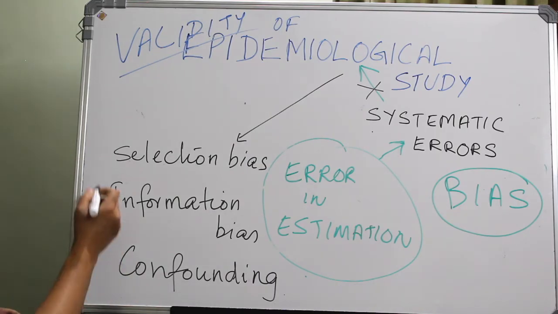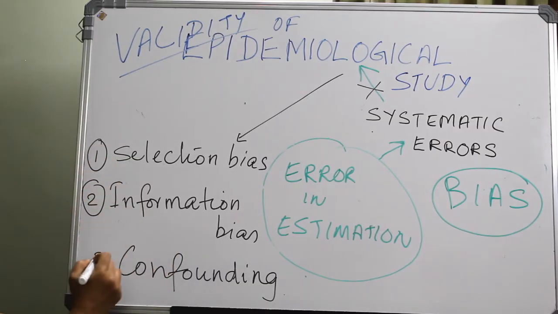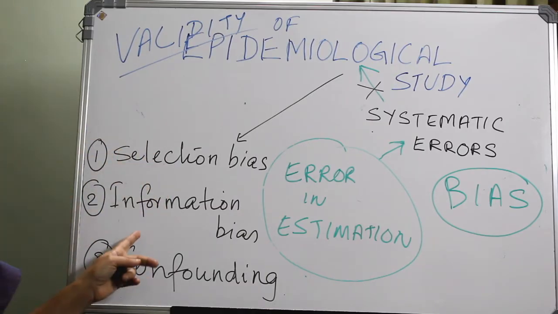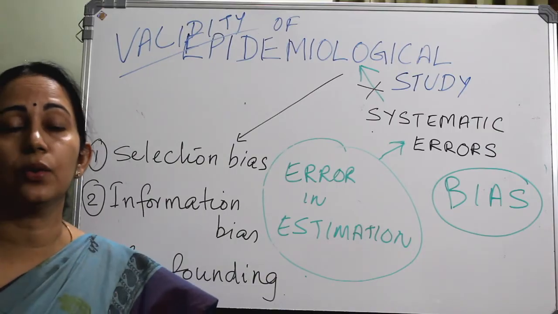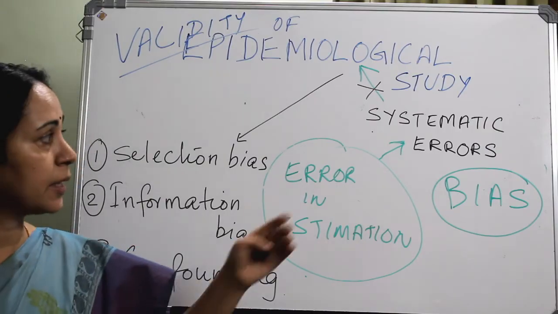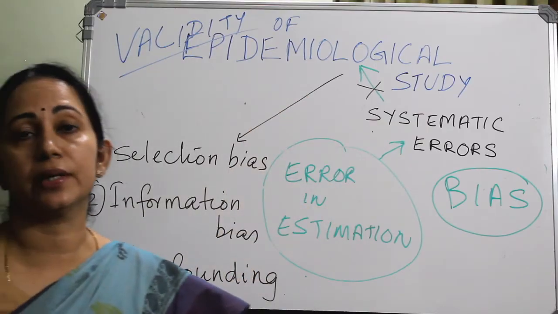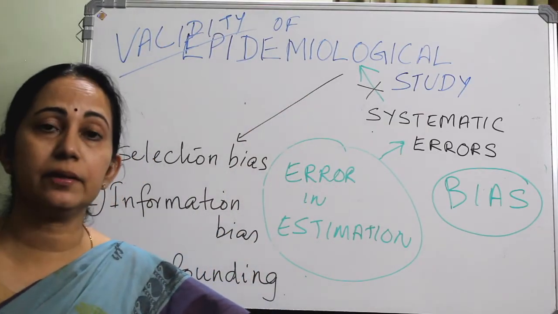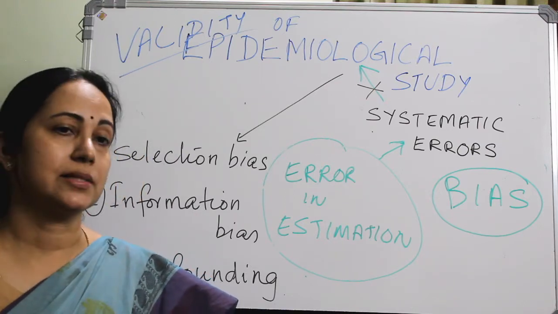One is selection bias, another is information bias, and another is confounding. These will reduce the validity of any epidemiological study, and they fall under systematic errors. The other type of error is random error, which occurs only by chance, and that we can reduce by increasing the sample size.